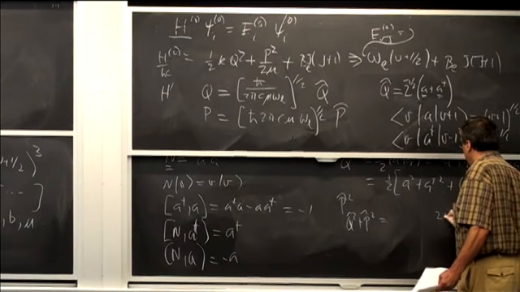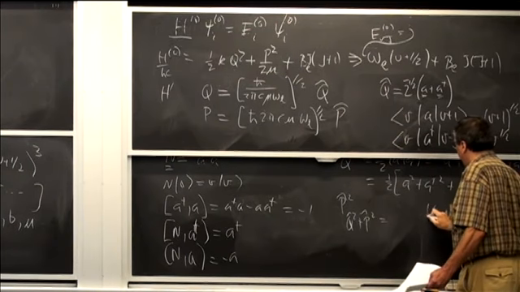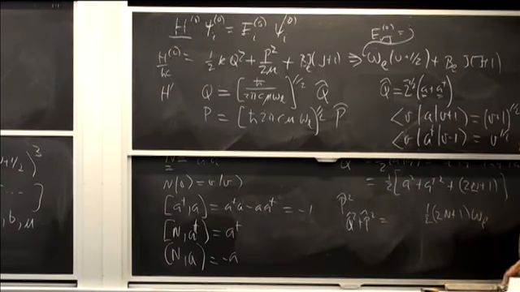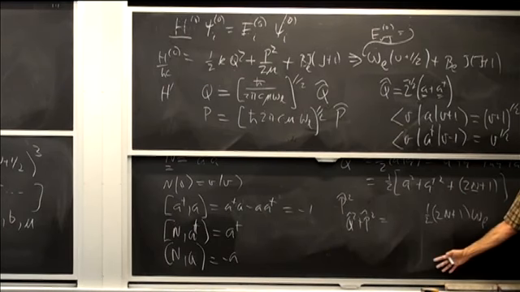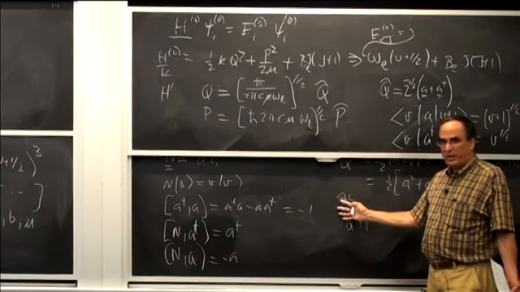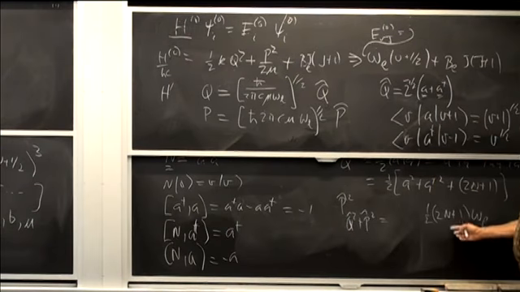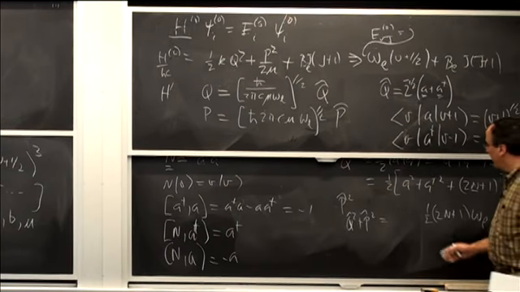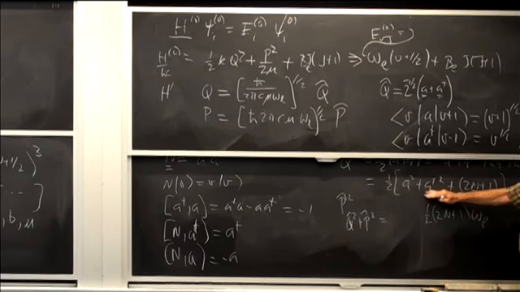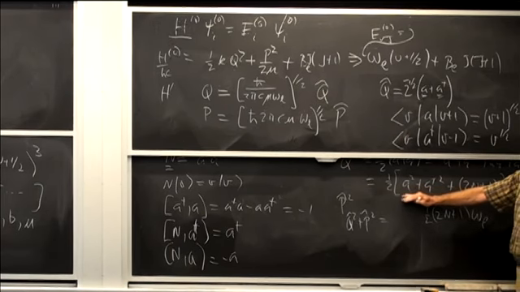You have 2n plus 1 times 1/2 omega is what you get by adding the 1/2 p squared plus 1/2 q squared stuff. So you discover that q squared is not diagonal, p squared is not diagonal, but their sum is. And that's good.